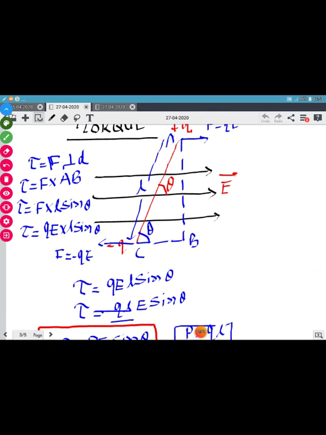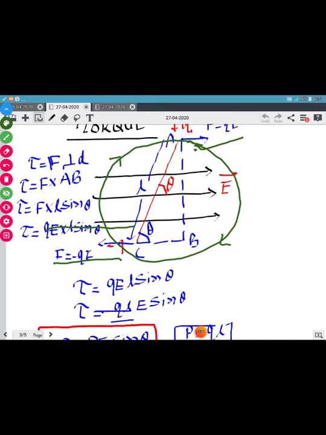Whenever we place an electric dipole in a uniform electric field, it experiences two equal and opposite forces, which start rotating it, and this is due to the torque produced by the two equal and opposite forces.